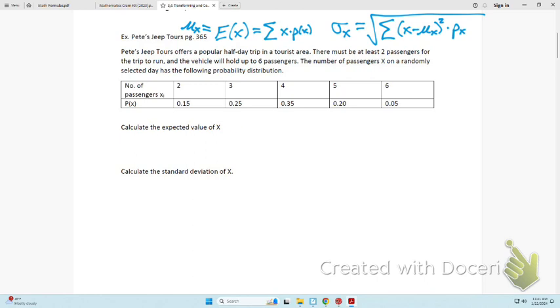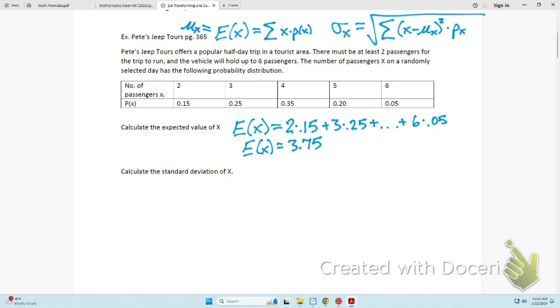To find the expected value, we're going to go 2 times 0.15 plus 3 times 0.25 plus... Let's show the last term. 6 times 0.05. When you do all of that, you end up with 3.75. On average, for all of his trips, Pete has 3.75 passengers.